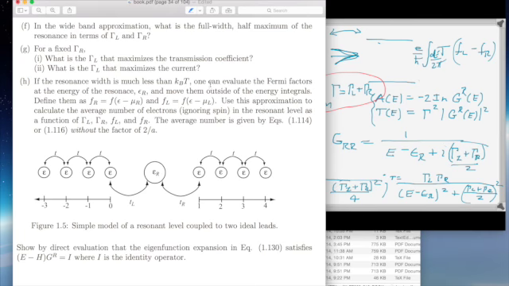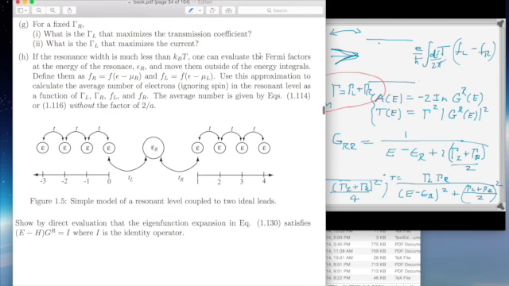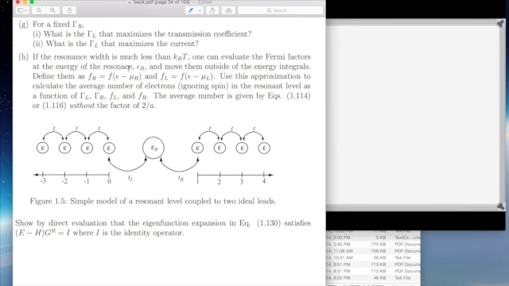And finally, in the last one, if this resonant energy is very narrow and sharp, then when you want to calculate either the current or the electron density, if you're calculating current, you have this E over h bar integral dE over 2 pi T of E, f left of E minus mu left minus f of E minus mu right.